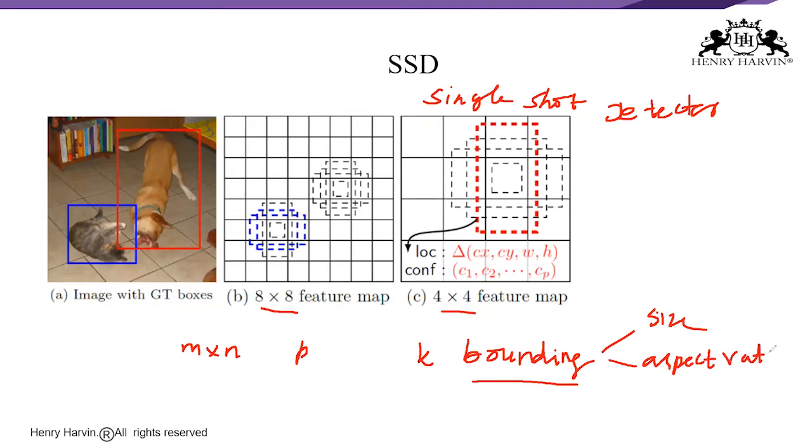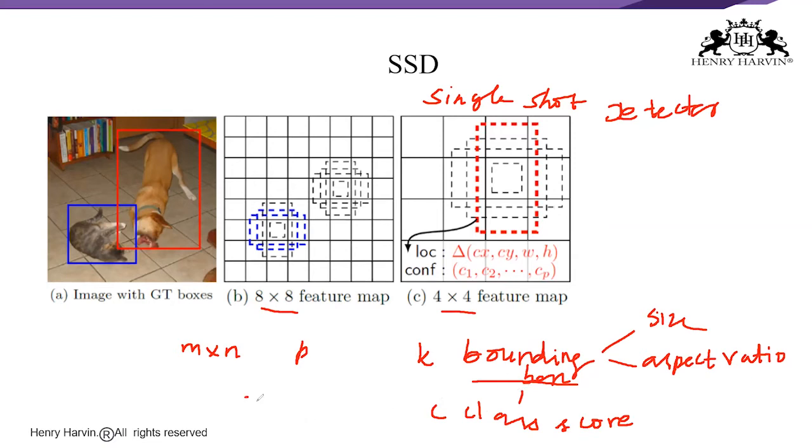What is the concept over here? It may be a vertical rectangle, which is more fit for a human, and a horizontal rectangle is more fit for a car. So for each of the k bounding boxes, we will compute C class scores and 4 offsets relative to the original default bounding shape.